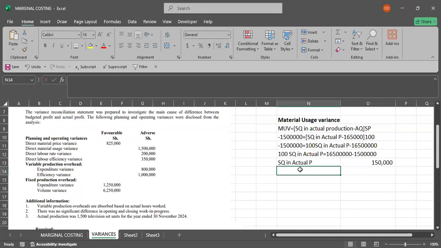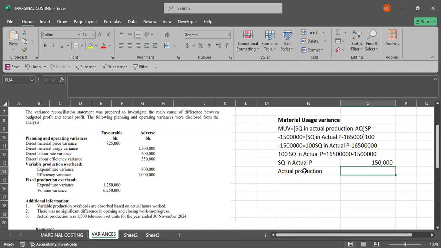Good. Can you now give me actual production? What is our actual production? Was it given anywhere? If yes, please mention that additional information. Actual production, we are talking about the television set. So go to the question under additional information.